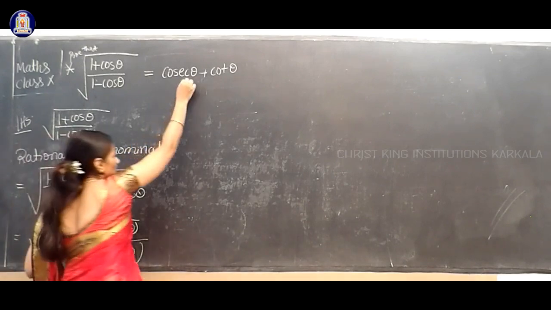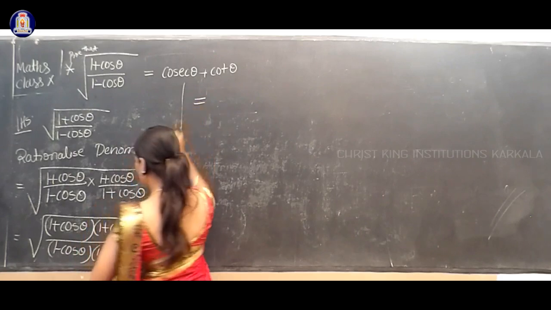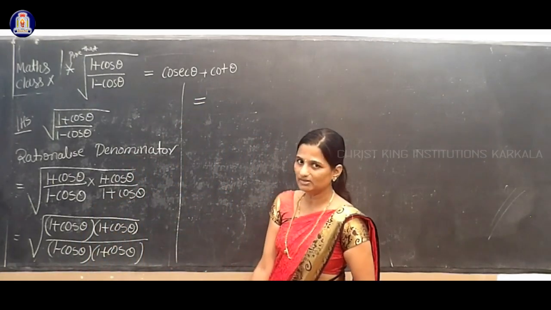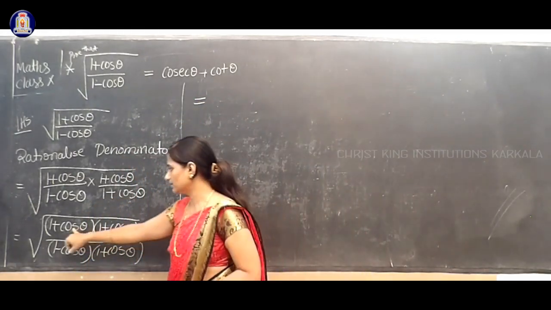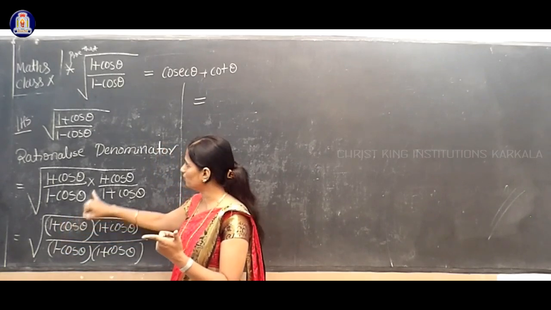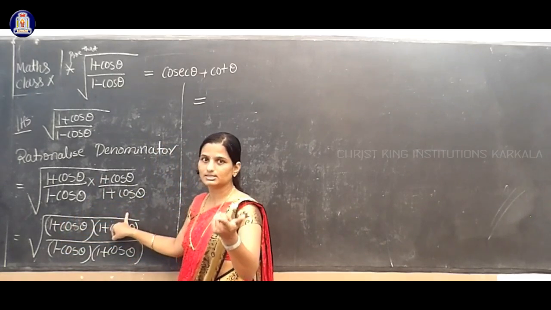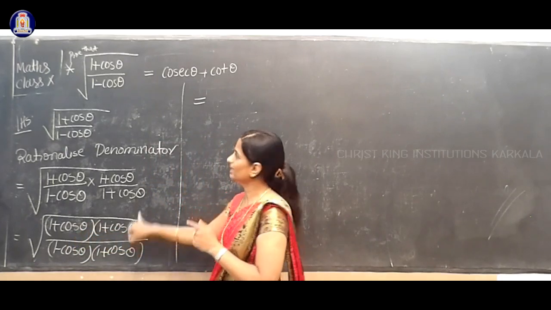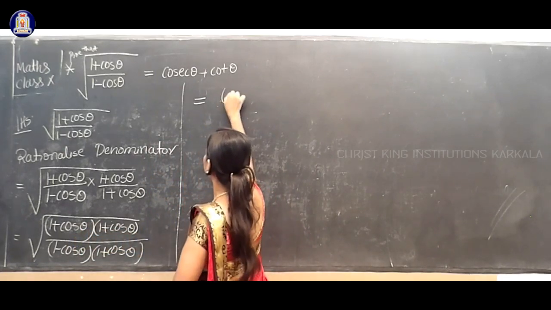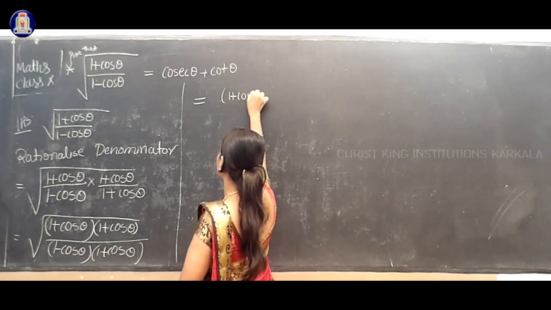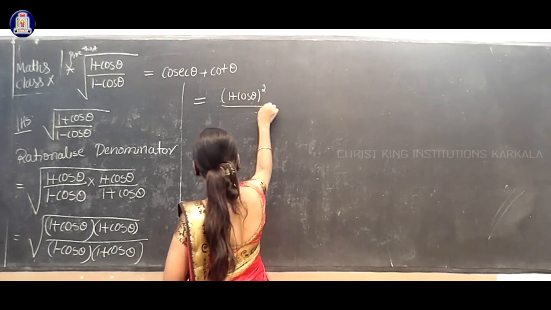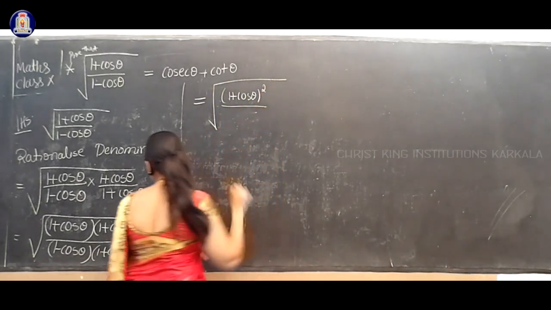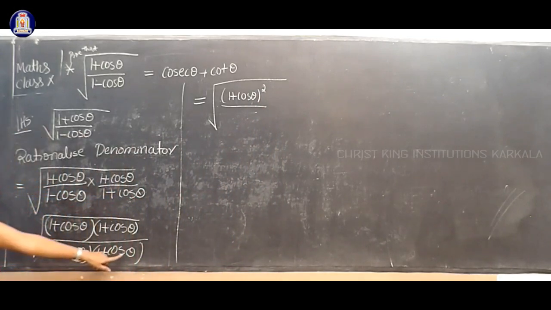So now which method do we use next? See, refer to your previous questions. After this method, the only difference is that instead of sin, there is cos. Same thing is repeated. So we can write it as under square root, 1 plus cos theta whole square divided by 1 minus cos theta into 1 plus cos theta.